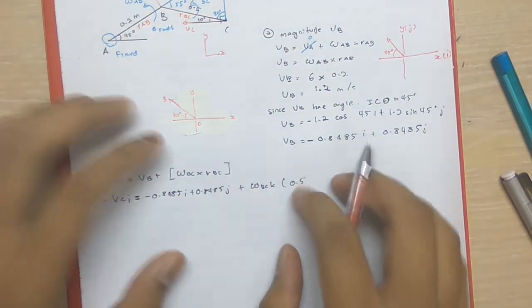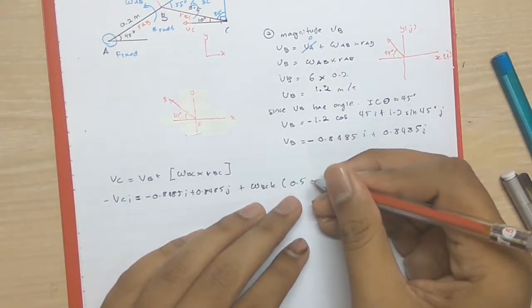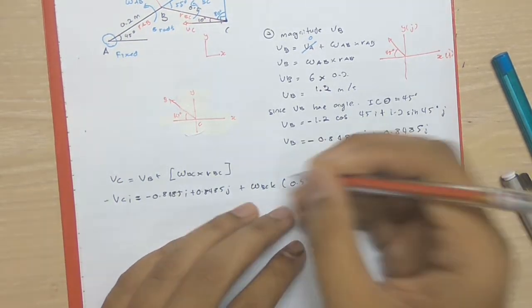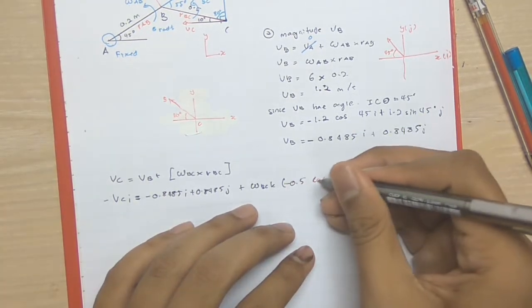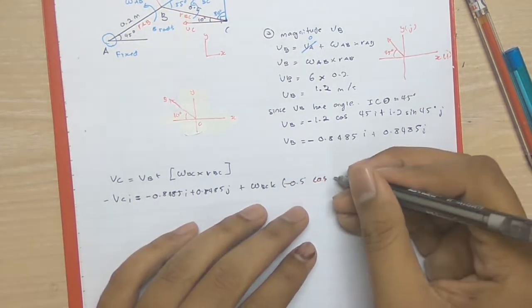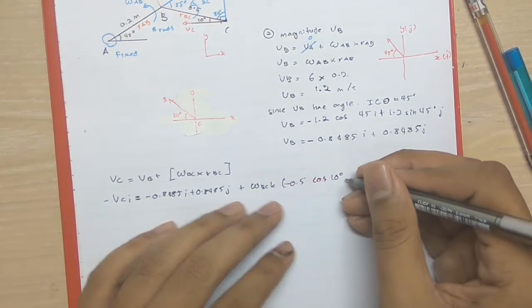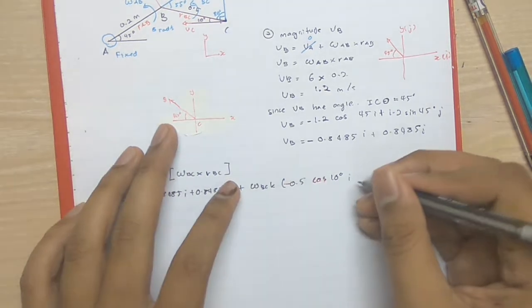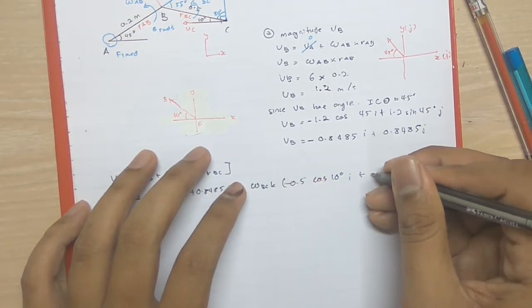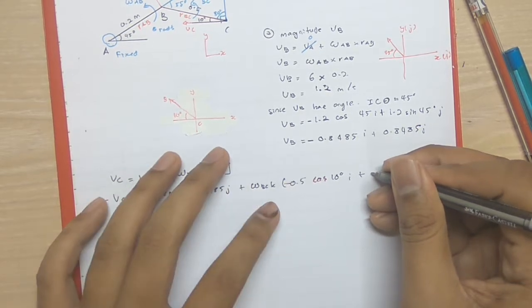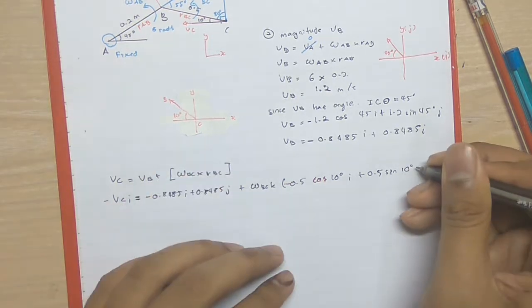So that means for the axis, 0.5 cos negative 10, negative cos 10 degree. This is for the I, and for the y positive 0.5 sine 10 degrees.